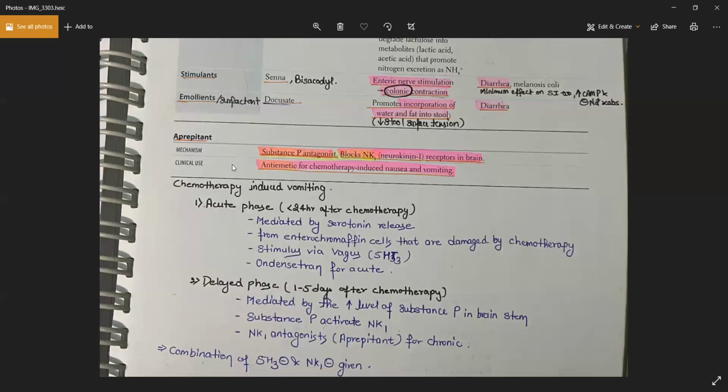The receptors will carry the transmission to the CTZ center, and that can cause vomiting. So if you inhibit the serotonin receptors in the stomach, the impulses will be inhibited and the patient can get relief from nausea and vomiting. It is because of the damage caused by the chemotherapeutic agents to the stomach, or the intestine.